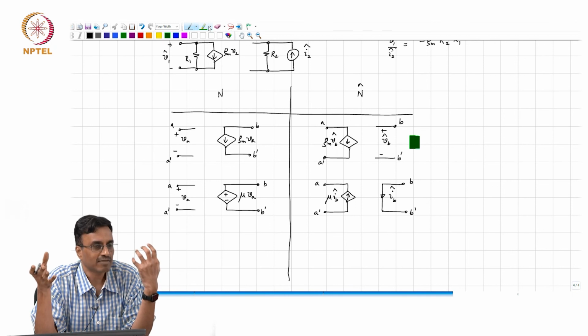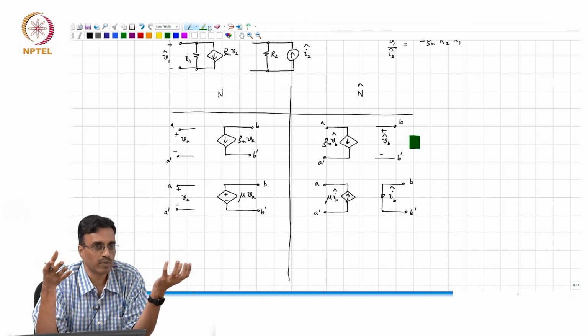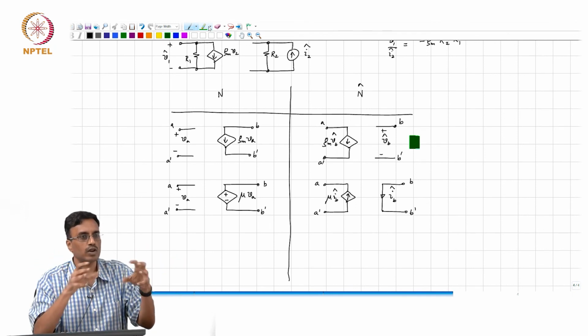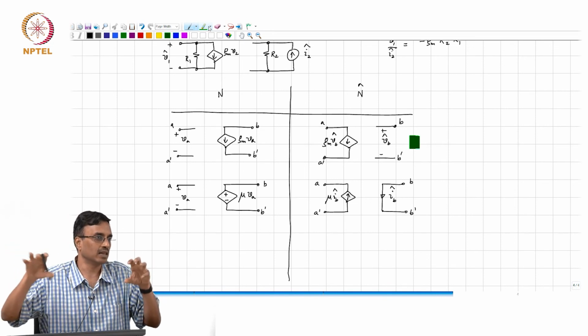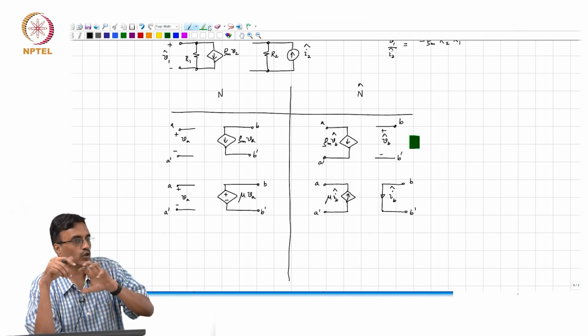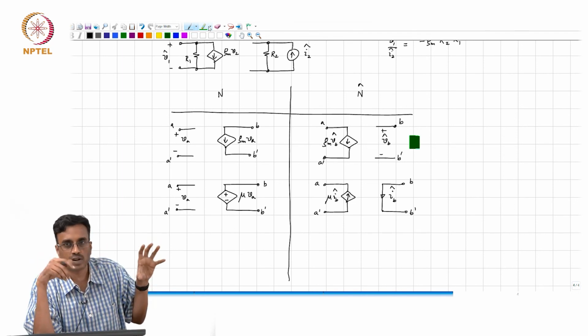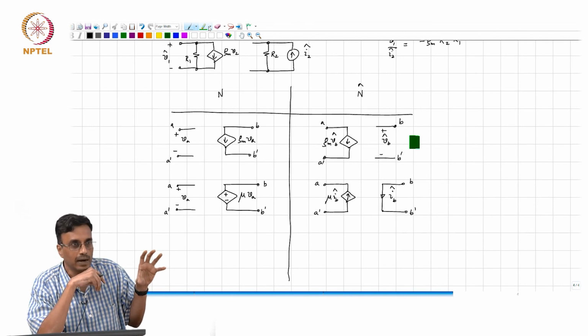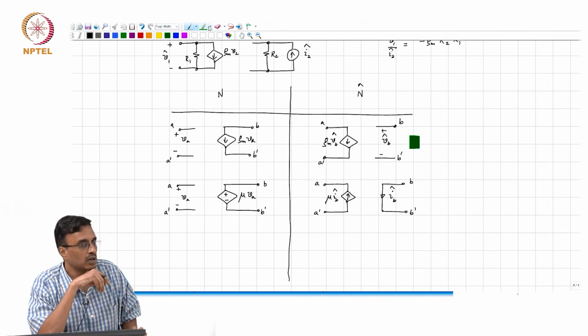In the passive case, one used reciprocity to advantage. You took the same network, simply interchanged the location of the excitation, and in one shot you are able to calculate all these transfer functions that you are looking for. Here now what would you do?